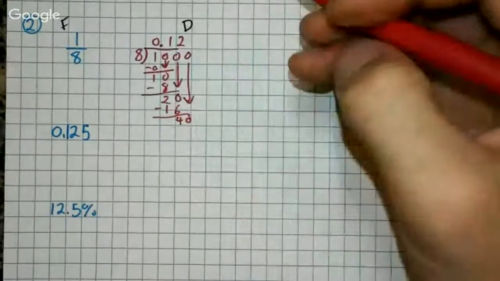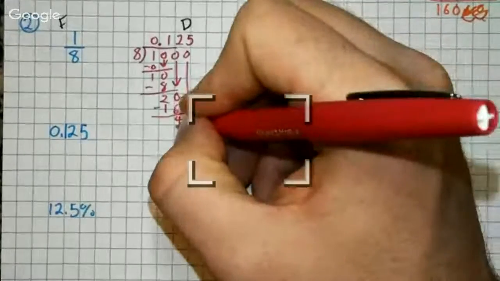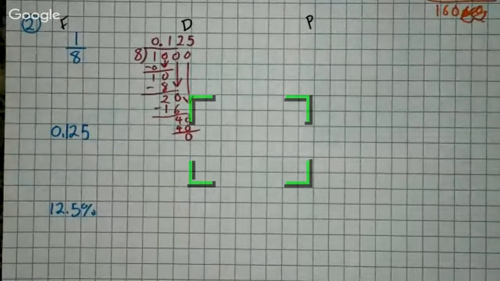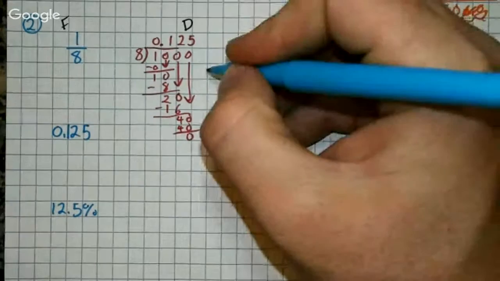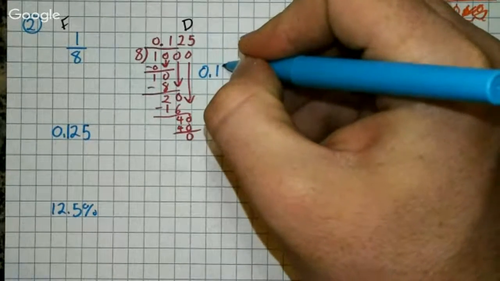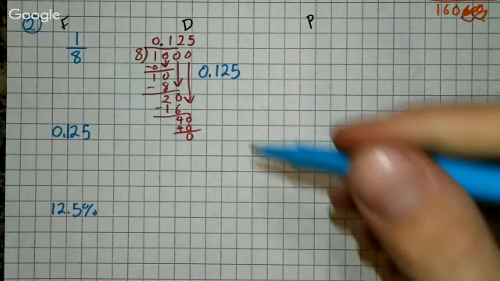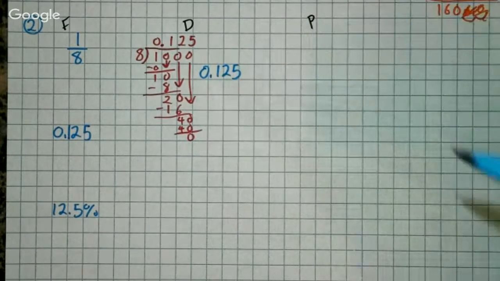Drop the 0. 8 goes into 40 5 times. 5 times 8 is 40, and that's going to give us 0. Oh, I went into my other zone there. Oh well. So our answer for what is the decimal form of 1/8 is going to be 0.125, and it's going to terminate. I don't need to put any line over the top because it terminated right there. Everything else is going to be 0.